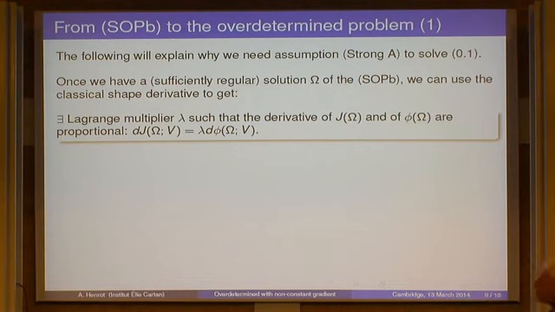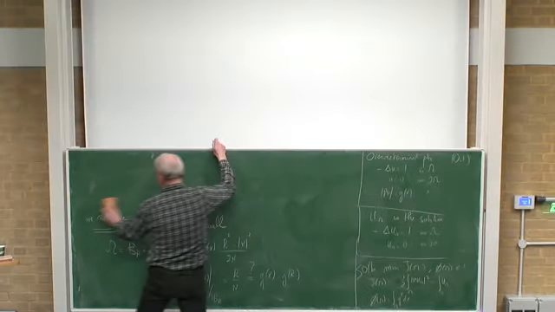The derivative of the criterion dJ is proportional to the derivative of the constraint. What I denote dJ omega is, I don't remember if you used this notation, Catherine, last week. It's exactly the same notion that Catherine explained.